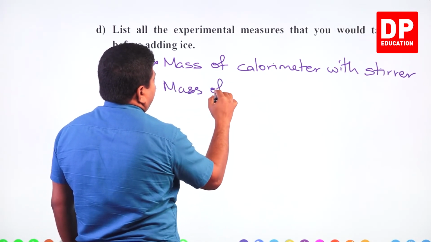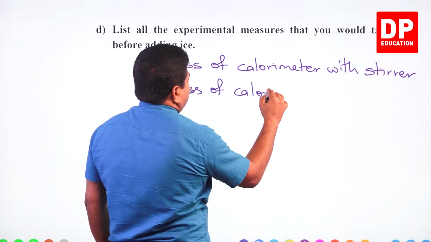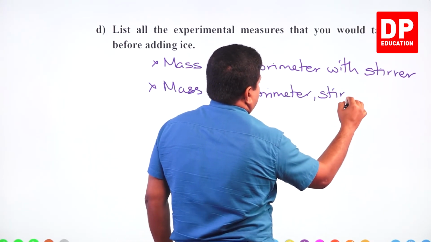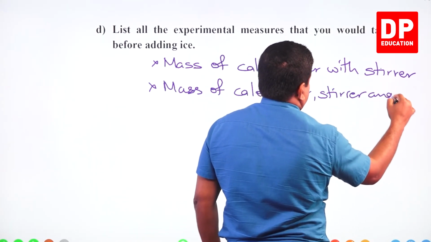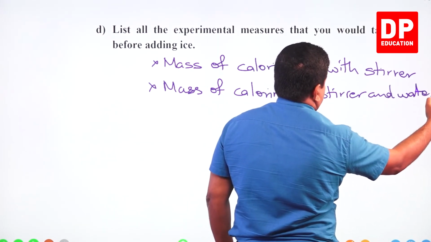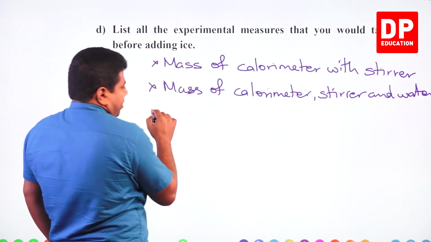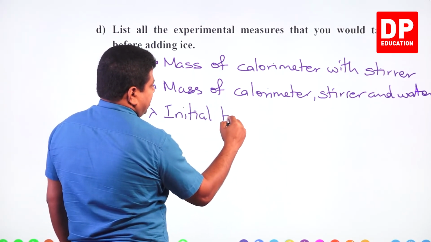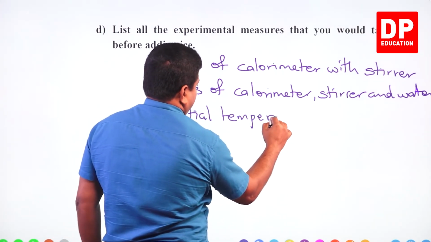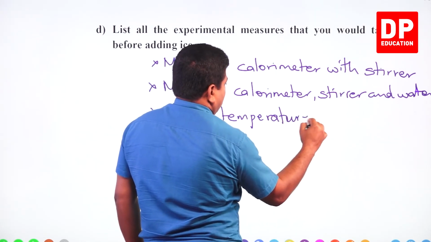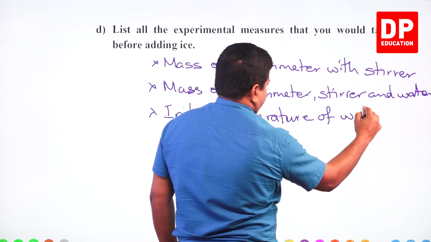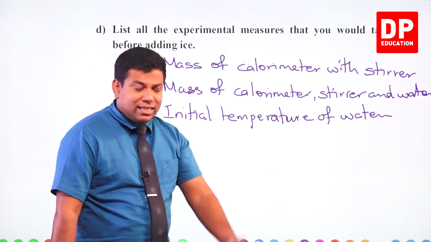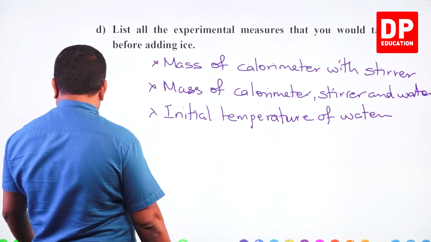Mass of calorimeter, stirrer and water. What is the next one? Initial temperature of water. Those are the initial measures, before we add ice, the measurements that we have to take.